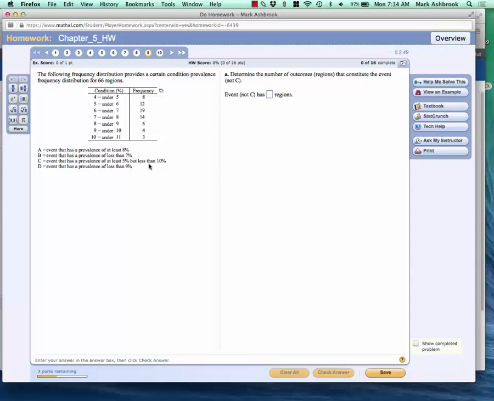So we look at the corresponding ones. This says 5 to 6, that right there says at least 5 but less than 10, but then we want the event not C, and they want the number of outcomes. Greater than 5 and less than 10 would be all of these. So then not C would be this 8 and this 3. So I think it's 11.